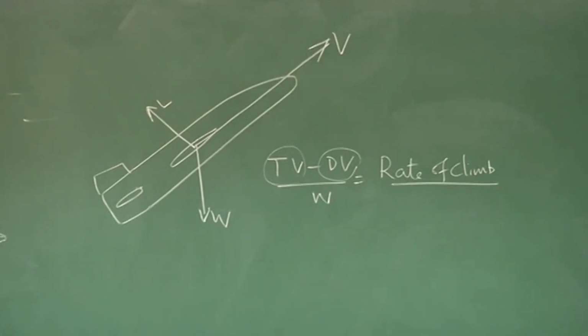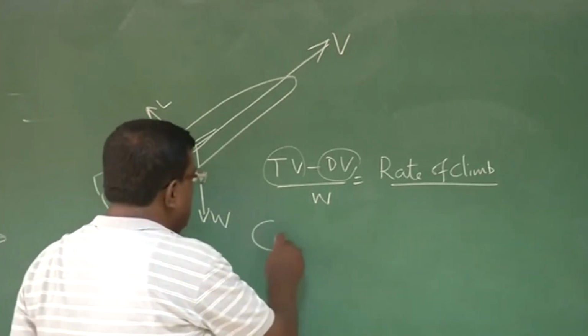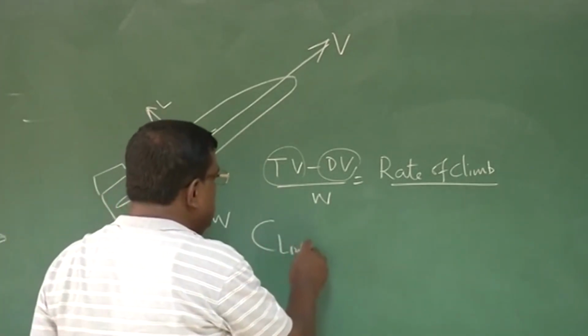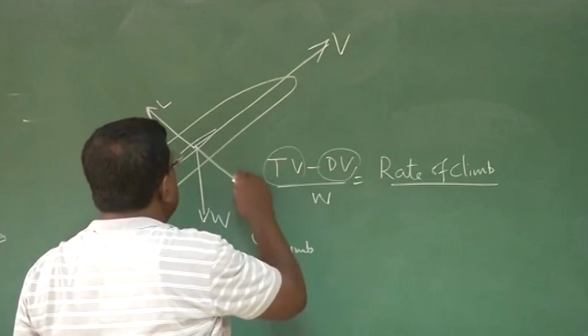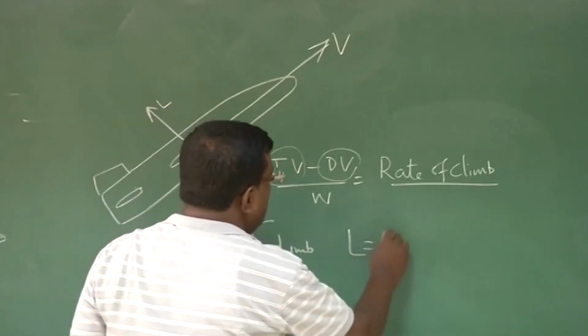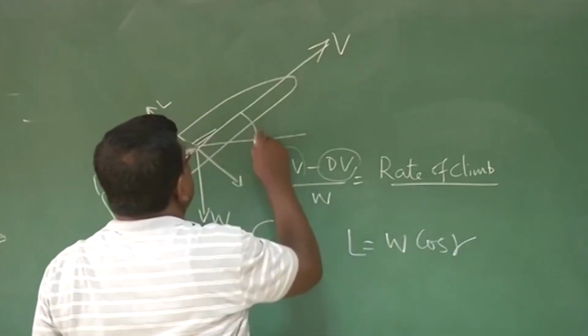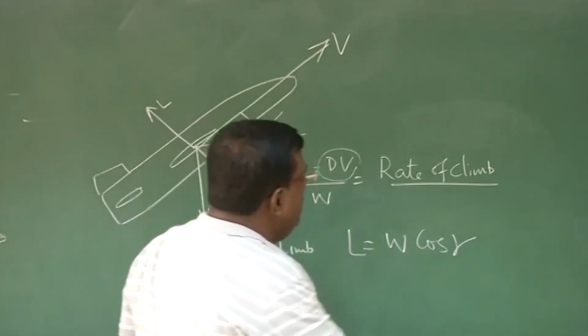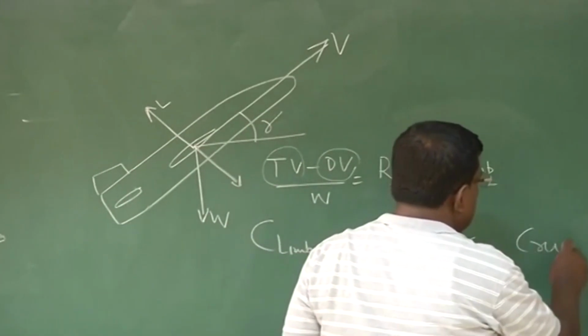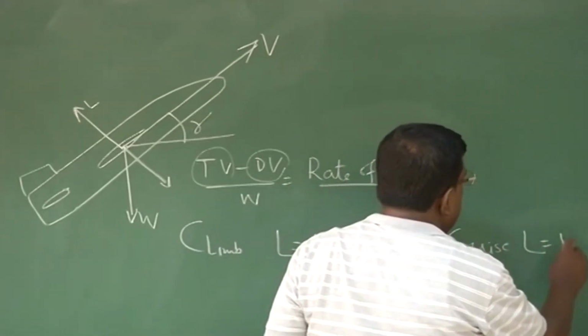But there is a catch. When I am doing a climb, lift is W cos gamma, where gamma is the flight path angle. When it is a cruise, then lift equals weight.